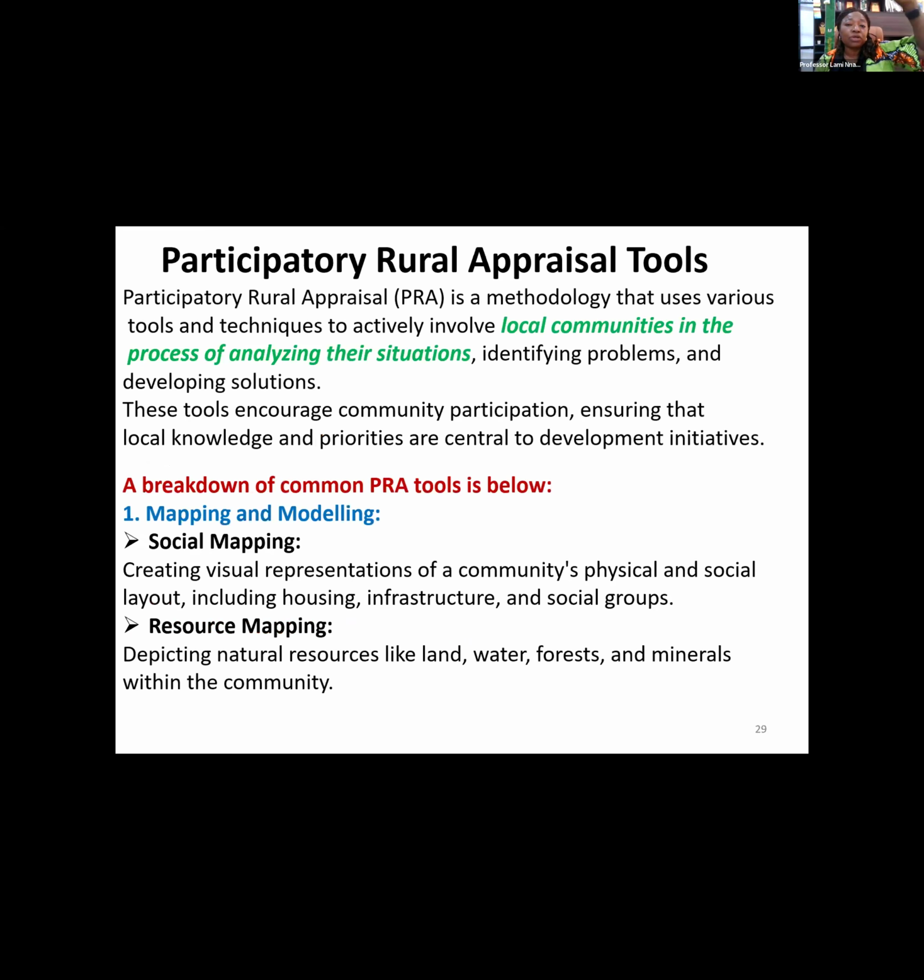Then participatory rural appraisal. I was trained in the use of participatory rural appraisal, I think in 2005 by DFID. That's a methodology that uses various tools and techniques to actively involve, that was in the era of HIV/AIDS, local communities in the process of analyzing their situations.